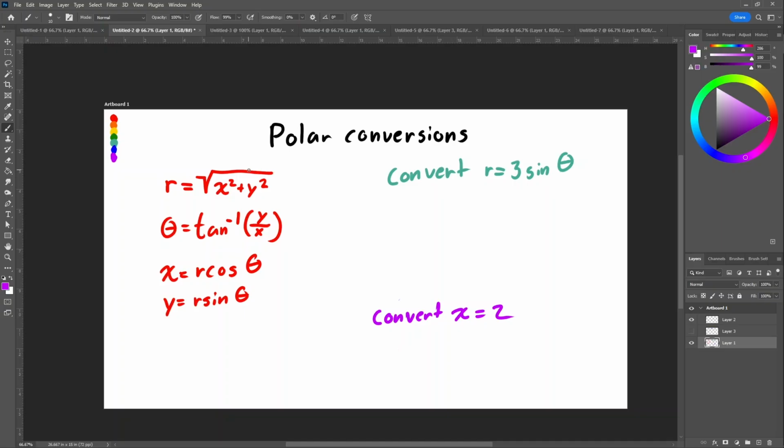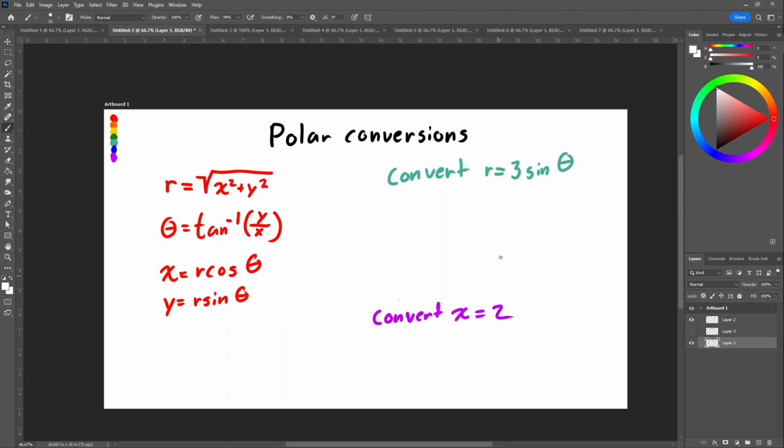It's just the Pythagorean theorem. Theta is equal to inverse tan y over x, just to get the angle from the origin to the point. This would be theta over here. And x is equal to r cosine theta, and y is equal to r sine theta. So with this knowledge, we can begin to really get into some of these problems.